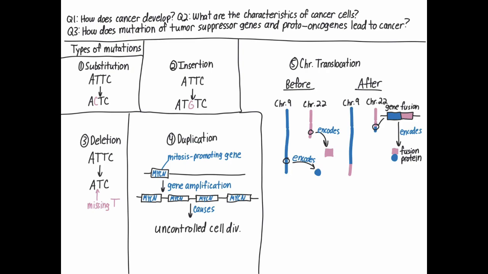Some fusion proteins can cause uncontrolled cell division. A translocation between chromosome 9 and chromosome 22, as shown here, is responsible for a form of leukemia called chronic myelogenous leukemia.